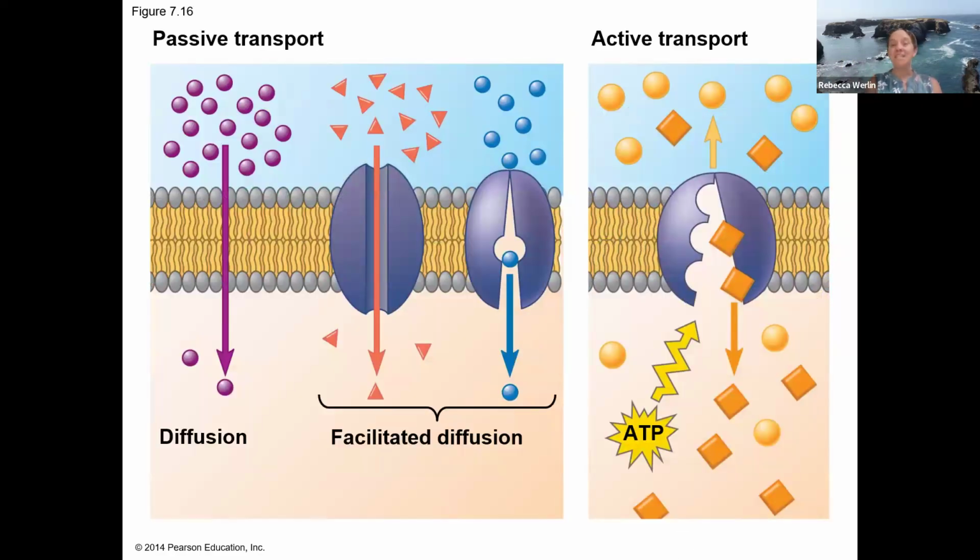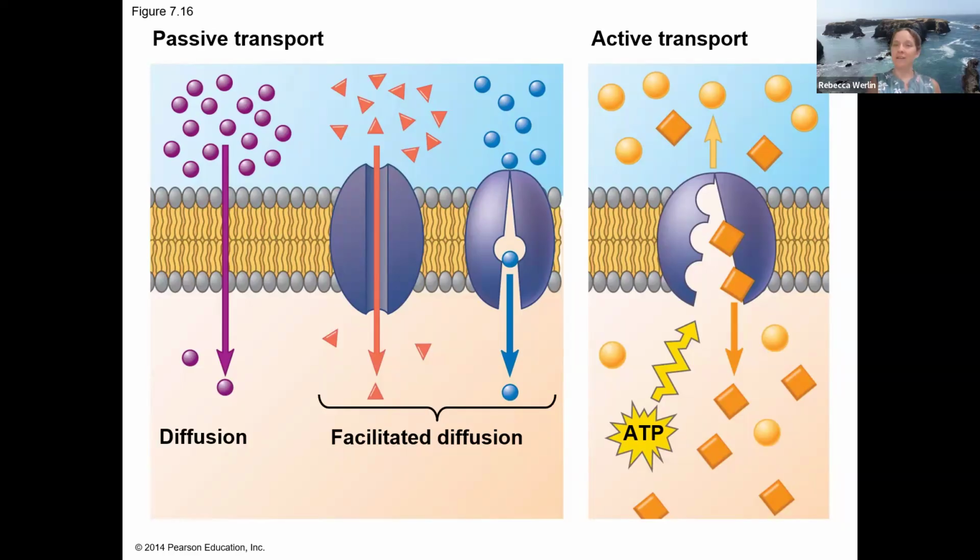To get molecules into the cell, very few things can diffuse across the cell membrane. This is typically our steroid hormones and not much else. Everything else really takes a protein to get it across. Now you can use proteins to do facilitated diffusion, in which a molecule, here the example of triangles or spheres, will go from high concentration to low concentration using a protein partner to move across the cell membrane.